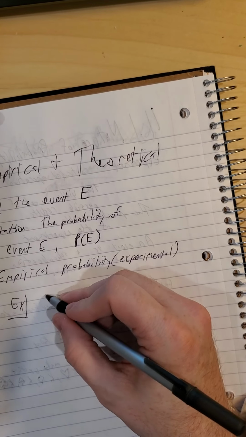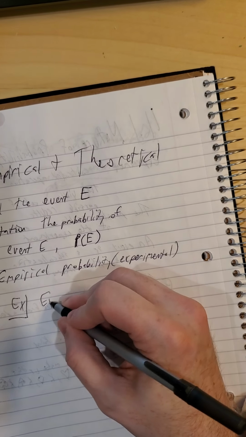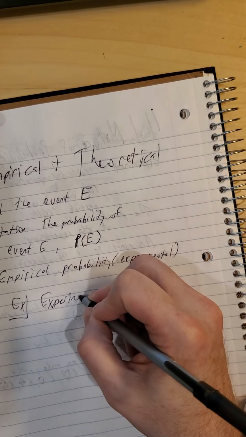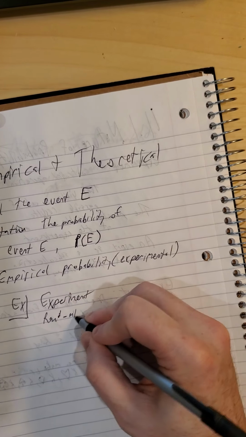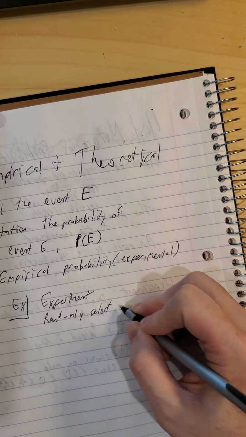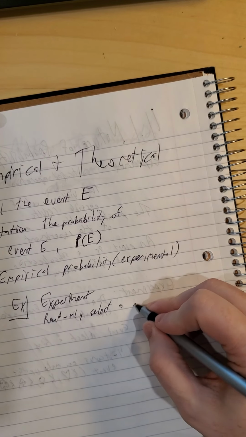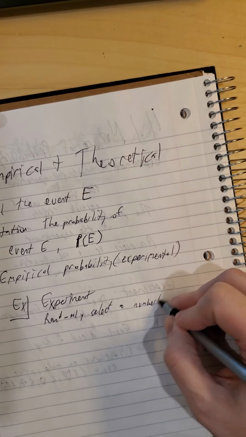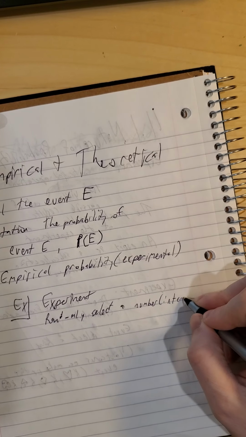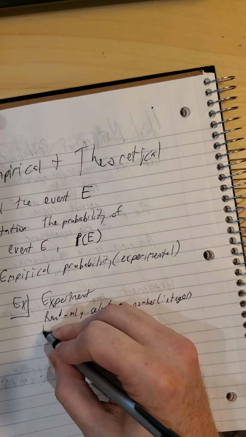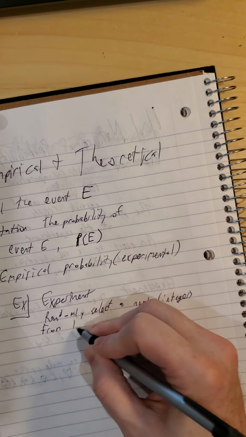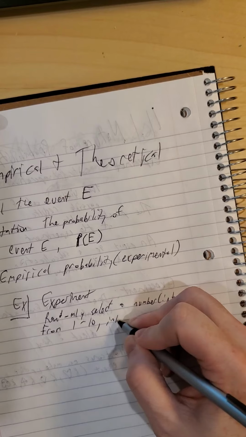So for our experiment, we're going to randomly select a number, specifically an integer, from 1 to 10 inclusive.